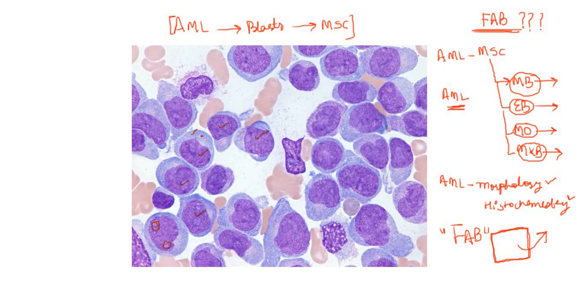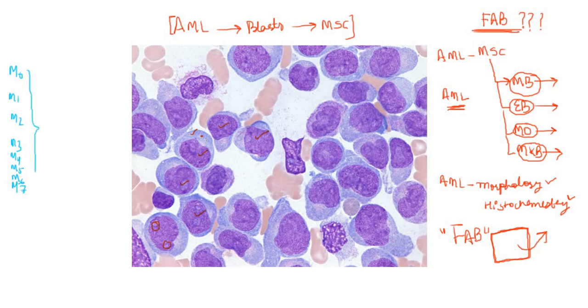Now this is the basic thing, and depending upon the FAB classification, the acute myeloid leukemias are divided as M0 subtype, M1 subtype, M2 subtype, and right up to M7 subtype, which includes M3, M4, M5, M6 and M7 subtype.